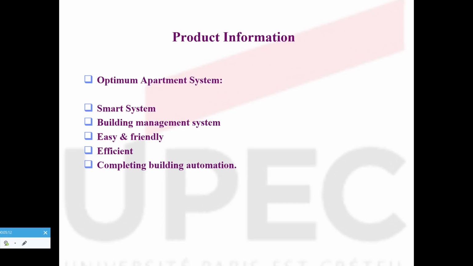Building automation is where the building is physically automated, like their power, their lighting, their air conditioning. They have different software. I will quote an example of KNX by ABB. Those are the BMS systems. Ours is not that. It is a management system that handles the financial side of the building, how a building is to be managed.